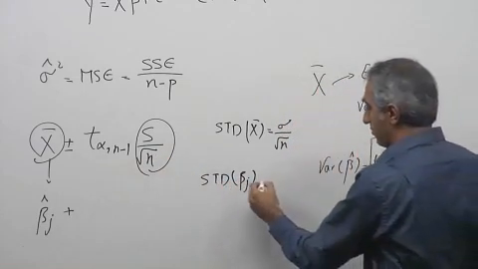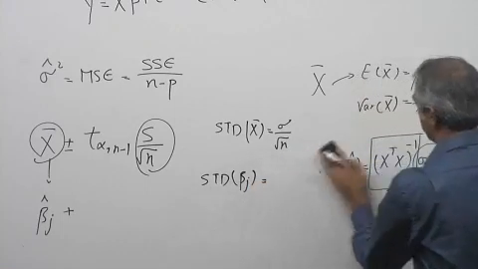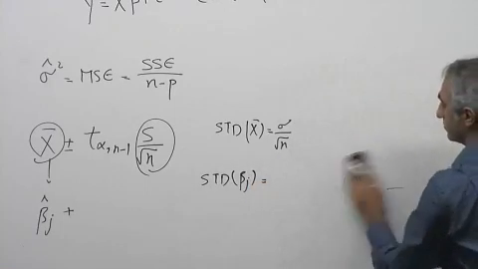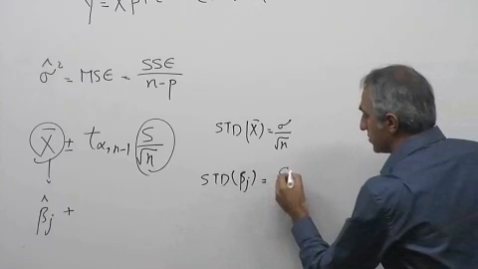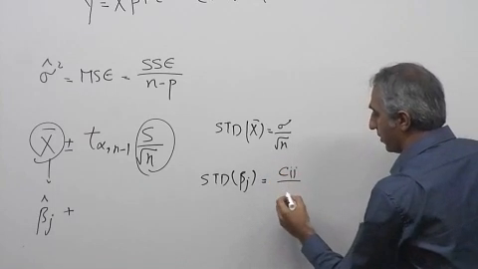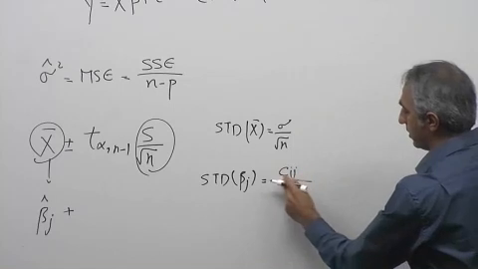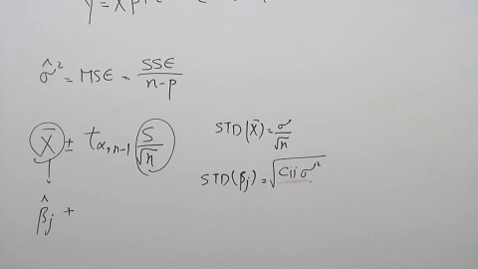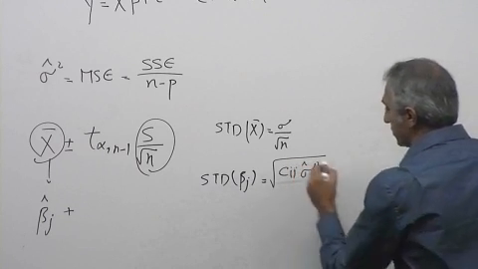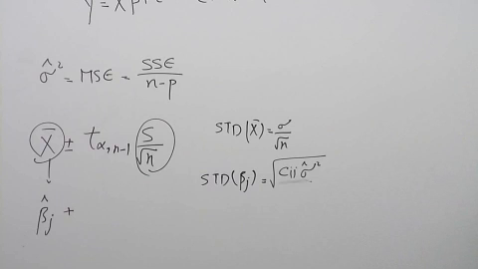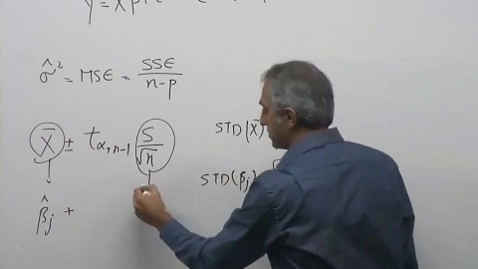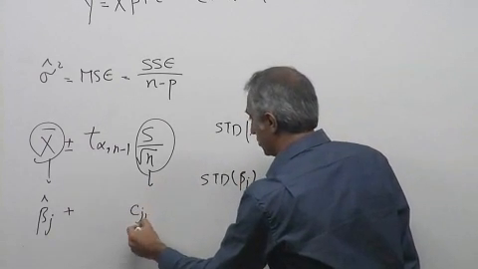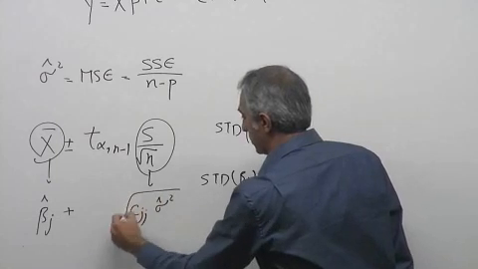What is the standard deviation of beta j? Cjj multiplied by sigma squared, and then you take the square root. Since I don't know sigma squared, I estimate that. So this is now Cjj sigma hat squared.